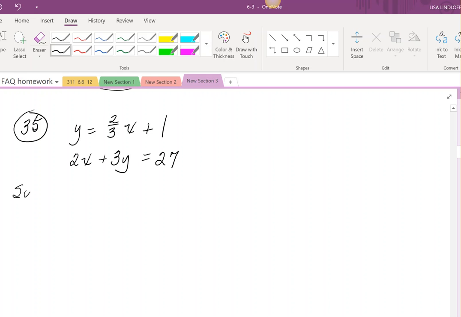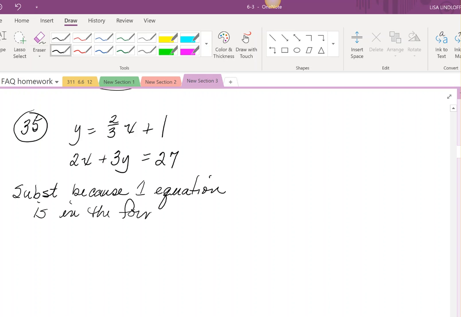I'm going to use substitution because one equation is in the form y equals. Okay, so I'm going to pick this. It is what y is, and I'm going to put it in the place of y in the other equation.